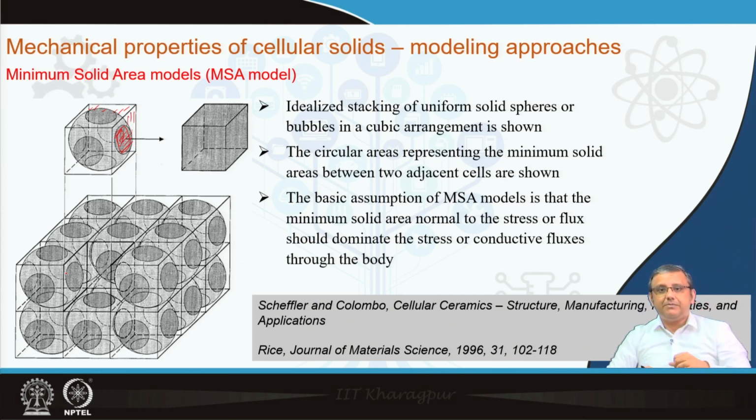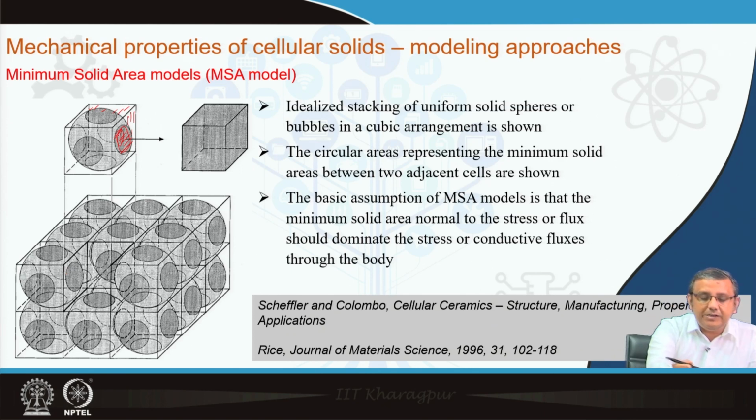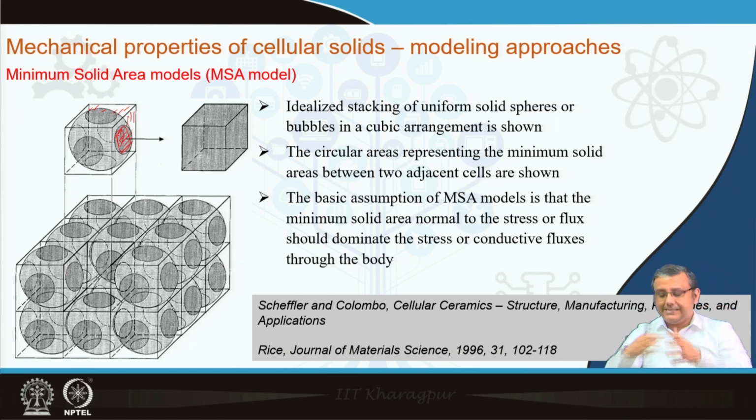This is the concept of the minimum solid area. The basic assumption is that whenever we have stress transfer, for example for mechanical properties, or heat flux transfer for the thermal properties, this transfer occurs from one cell to another only through the minimum solid area contact between the neighboring cells.